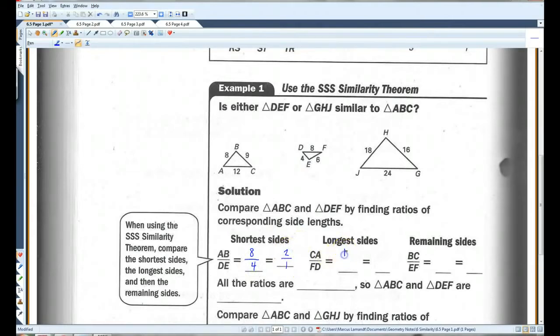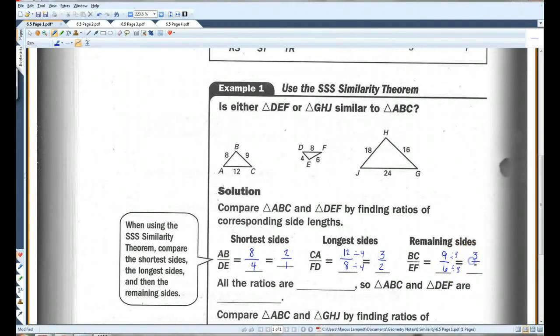CA is 12. FD is 8. If you simplify that, you get, let's see here, divide by 4, you get 3 over 2. BC is 9. EF is 6. Divide both by 3.